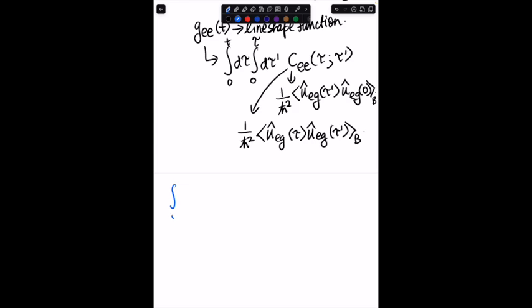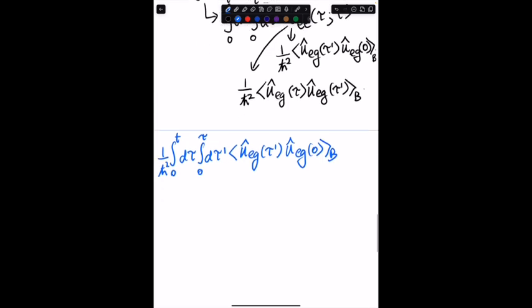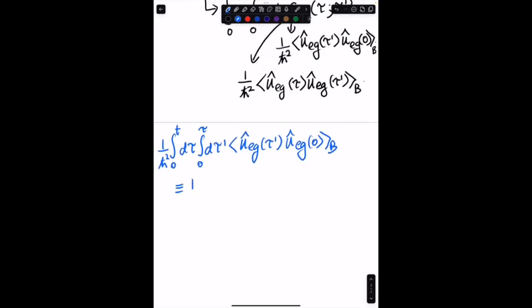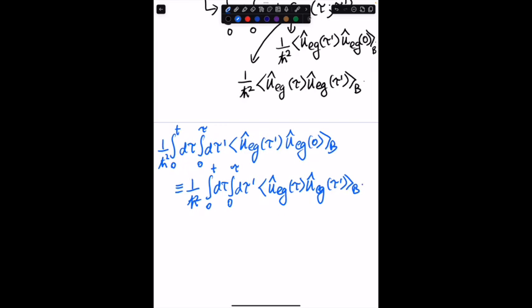What I mean to say is the integral from 0 to t dτ, 0 to τ dτ' of this 1 upon ħ². Forget about that, but this one, U_eg(τ') U_eg(0), and this one, the 1 upon ħ², 0 to t dτ, 0 to τ dτ' of U_eg(τ) U_eg(τ') traced over, the path ensemble average, right?